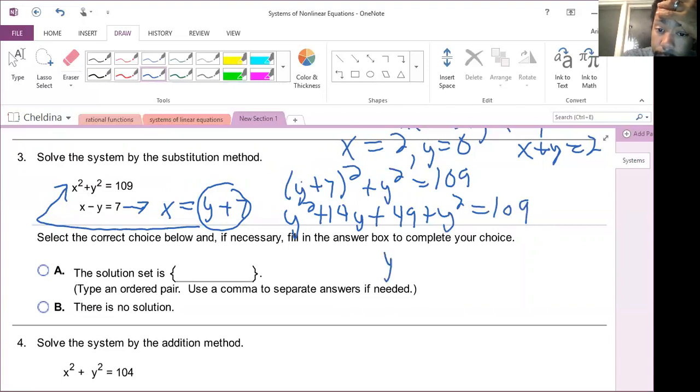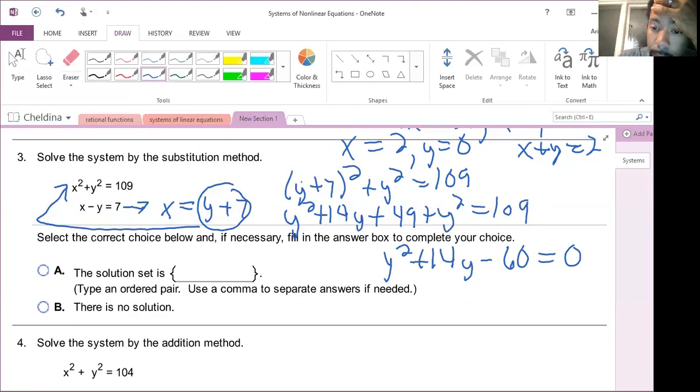Y squared plus 14y minus, looks like 60, is equal to 0. We'll need to find the factors of 60 that add up to 14.